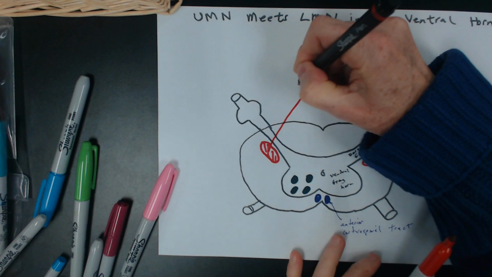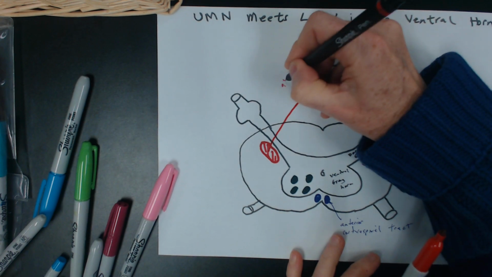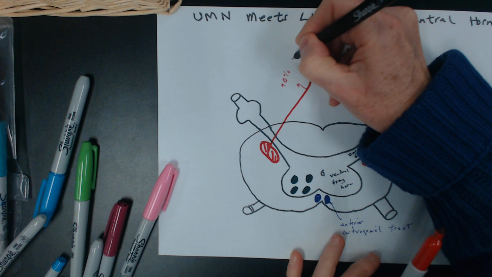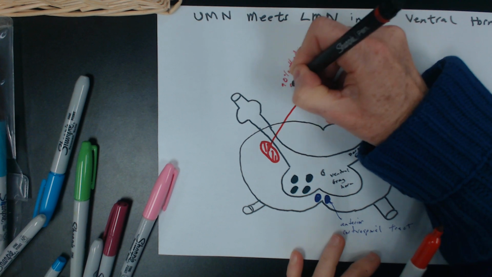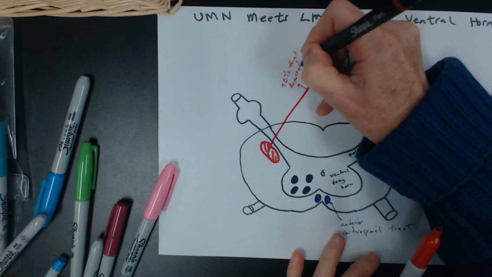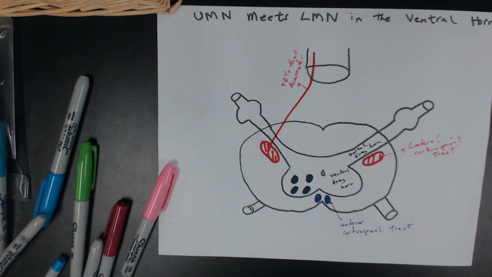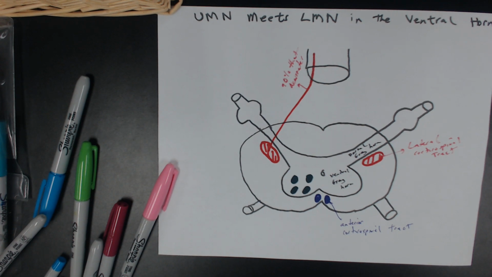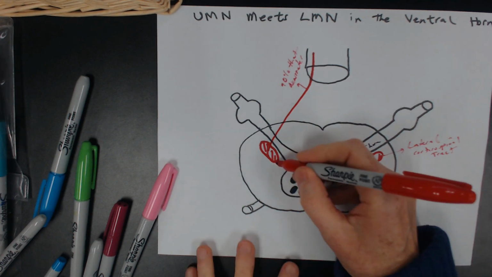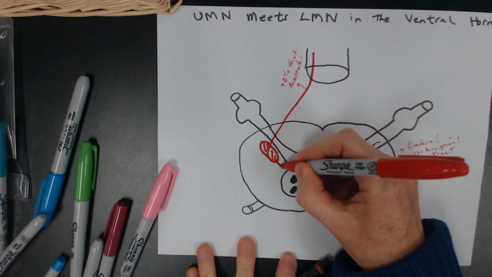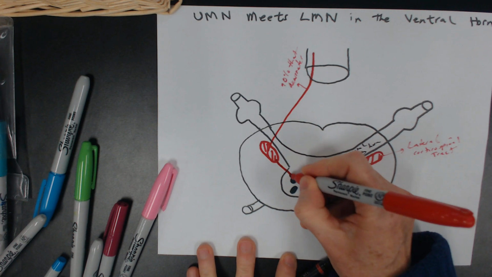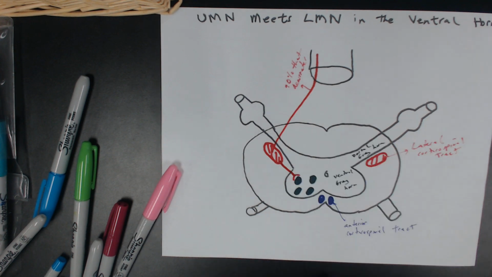Once they get to the appropriate spinal level, they're going to come out of that lateral corticospinal tract and synapse with an appropriate lower motor neuron.